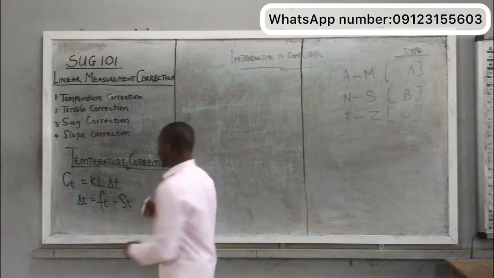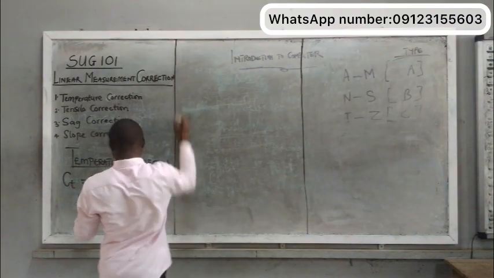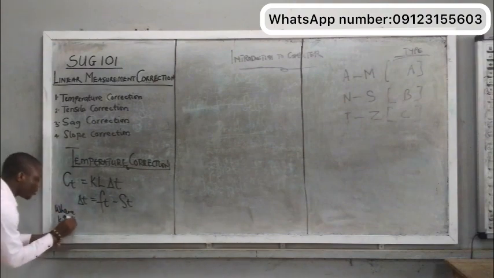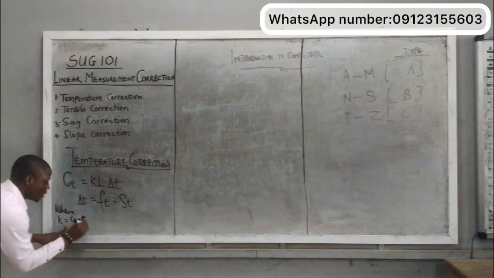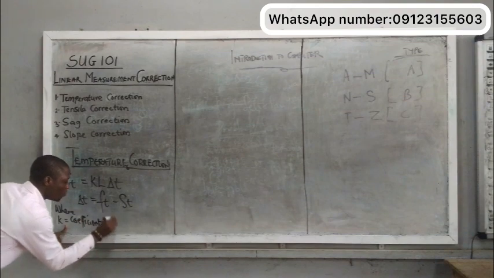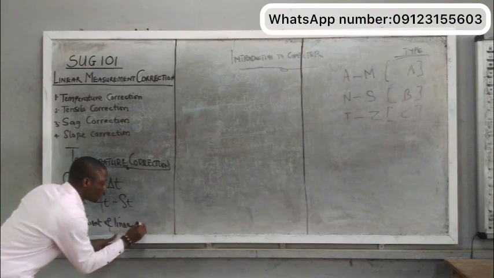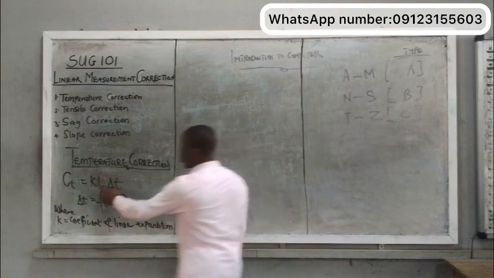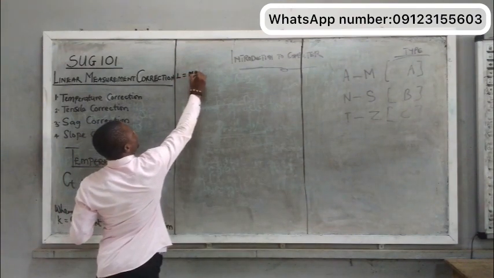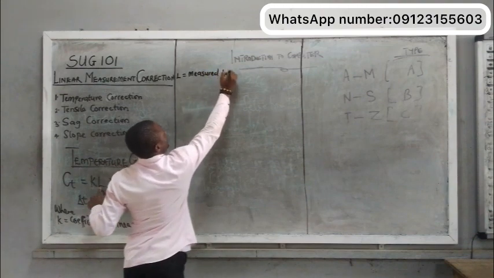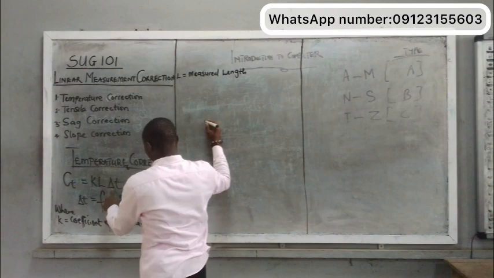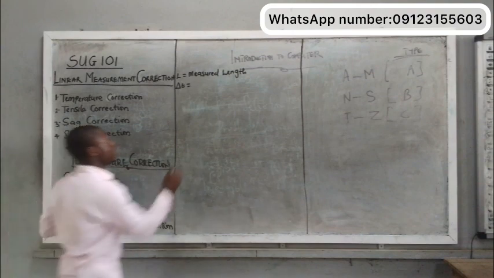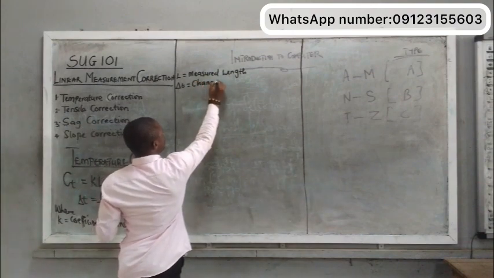Let's name these parameters. K is called the coefficient of linear expansion, L is called the measured length, and change in T, or delta T, is called change in temperature.